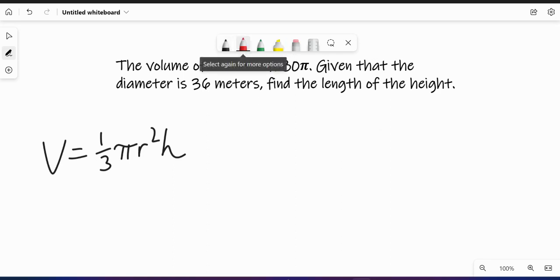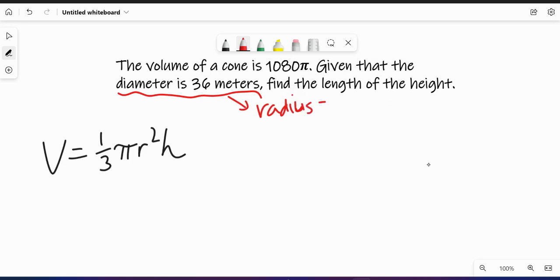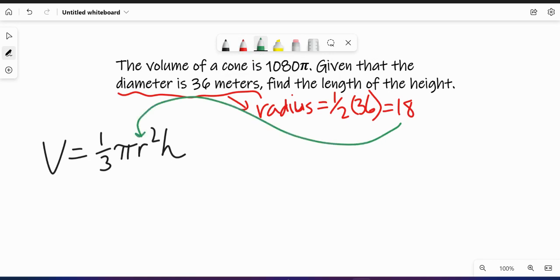Very similar to the last one, the only difference is the 1/3. Now this one, you have to be careful. The diameter is 36. That means the radius is half the diameter, so it's half of 36, which is 18. That is what I'm going to plug into my formula, and I'm going to plug the 1080 pi into the volume portion.